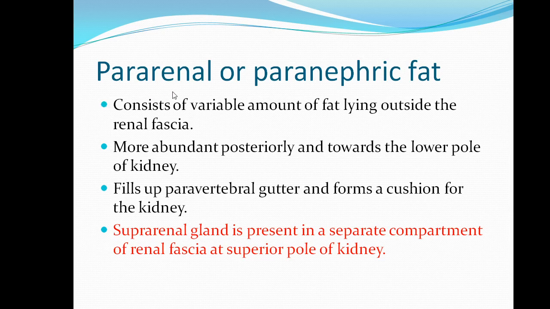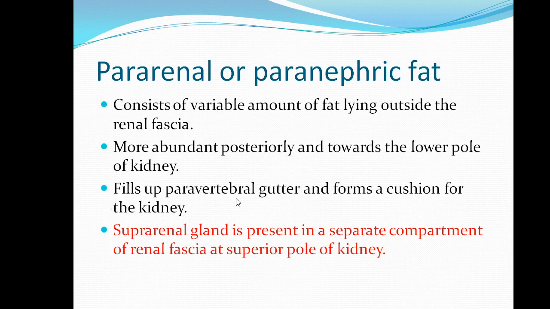Then comes the pararenal or the paranephric fat. It consists of varying amounts of fat lying outside the renal fascia. This fat is more abundant posteriorly and towards the lower pole of the kidney.